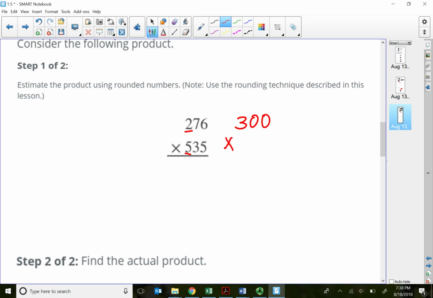The digit to the right of the 5 will make the 5 stay the same. So that will be 500. So 5 times 3 is 15. All right, power of 10, that's 2 zeros, which means 100. 100 times 100 is basically adding 4 zeros behind. So that's about 150,000.